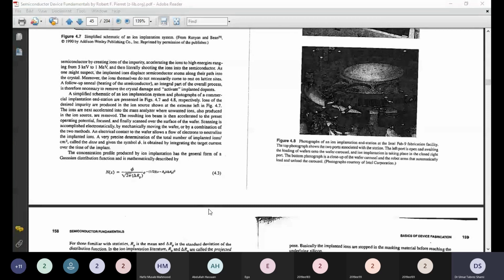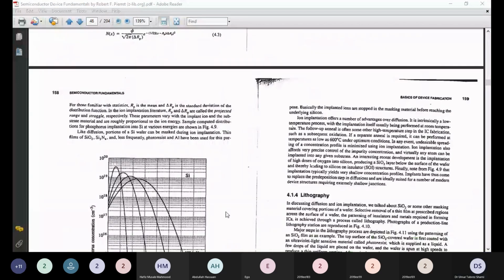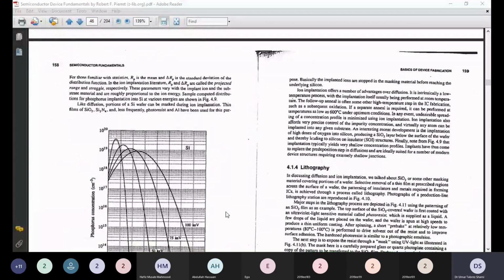The concentration profile produced by ion implantation has the general form of a Gaussian distribution function, given by equation 4.3. Like diffusion, portions of a silicon wafer can be masked during an ion implantation.